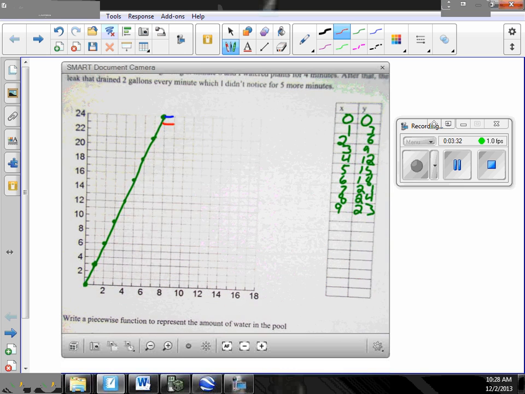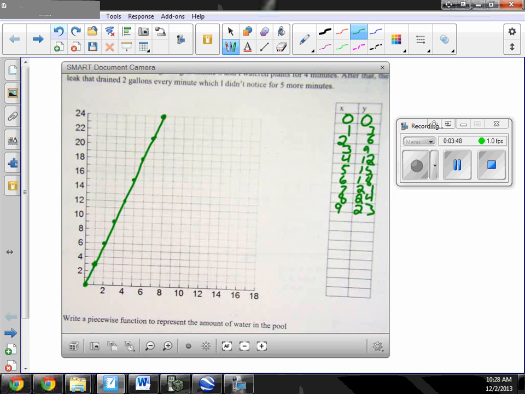I'm hearing both. So at 8 minutes, do I wait a minute and then pull out the water and go water the flowers, or do I pull out the water and then go water the flowers? Pull out the water first, so it's going to be the red line. So there's going to be an open circle at 21 and then a closed circle at the end of that.